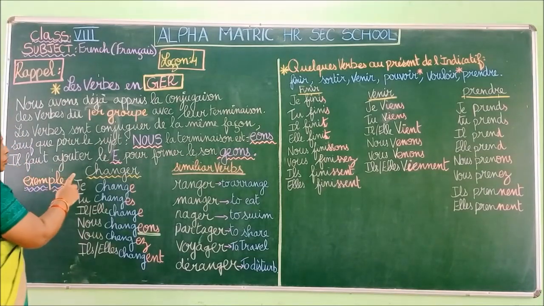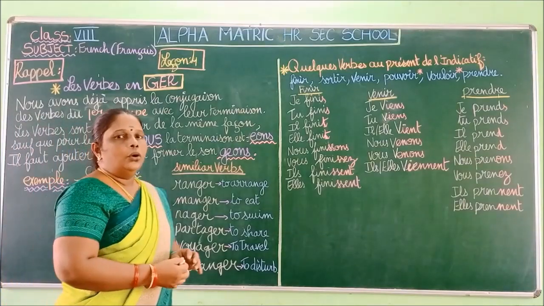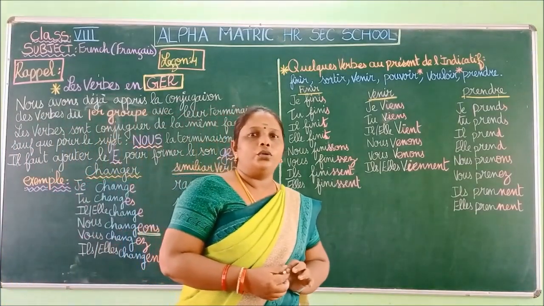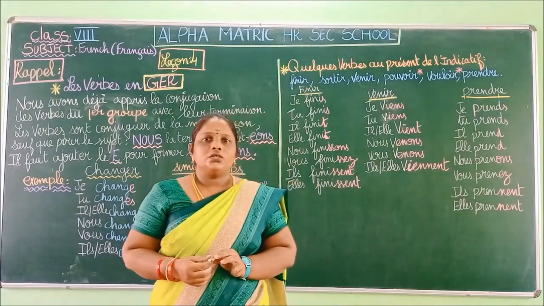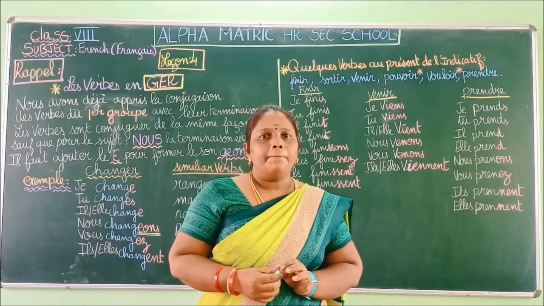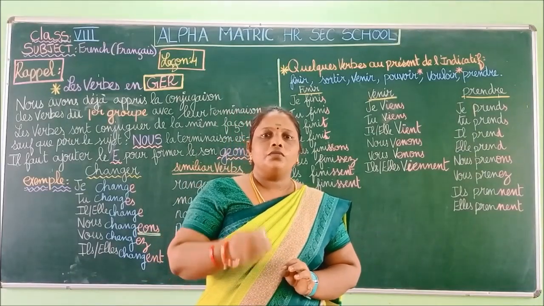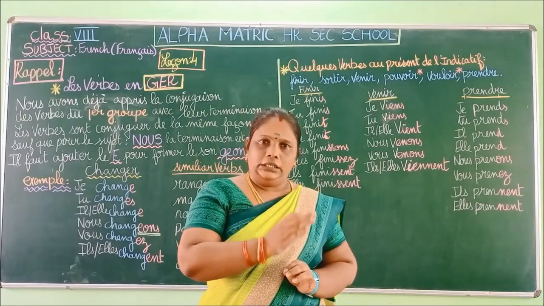Il faut ajouter le E pour former le son jon. Okay, so we already learned how to conjugate a GER group verb, isn't it? So we have the same format as we are conjugating in present tense, isn't it? So we are going to add for the subject nous, a E.